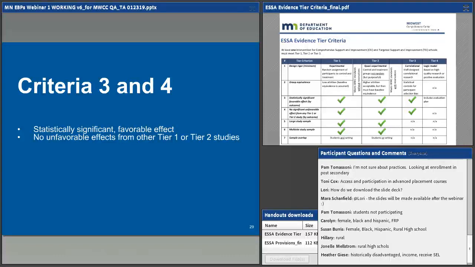It's not by topic area. There's no other qualifiers around that. You literally just need one evidence-based practice for the CSI or TSI school, and there's no other parameters around that.